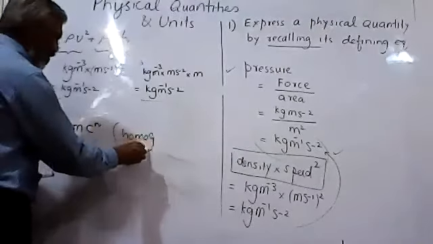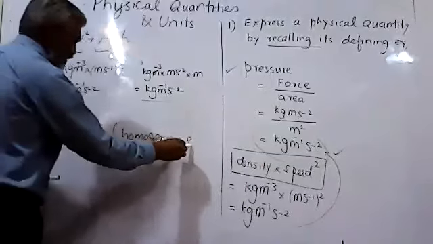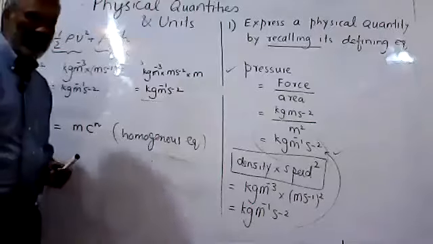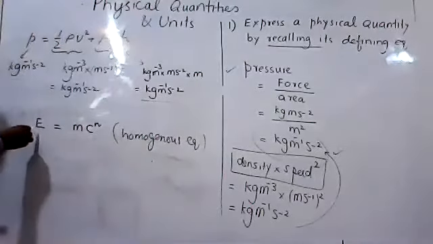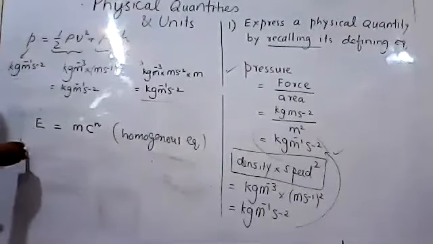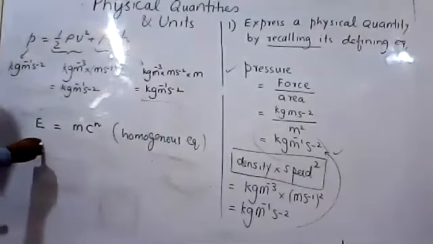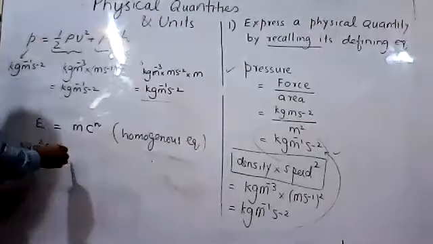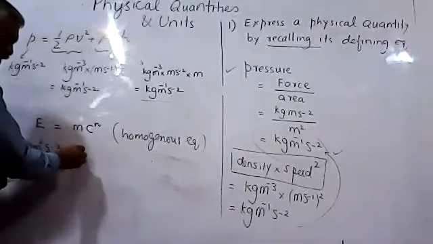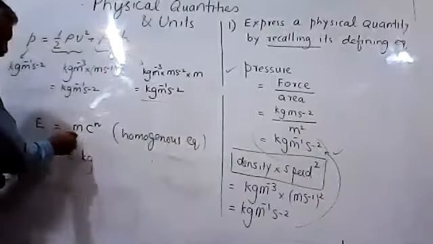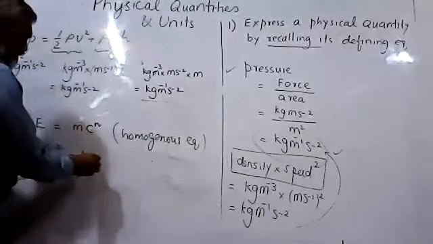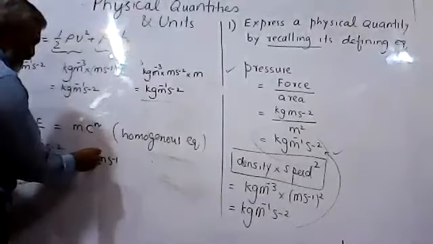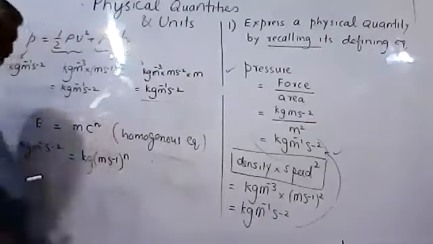This is a homogeneous equation, which means the two sides of the equation must be expressed in the same base units. So this is energy, so kilogram meter square s minus 2 are the dimensions of this quantity, and on this side we have kilogram because this is mass, and this is meter per second because this is speed, and this is raised to the power n.